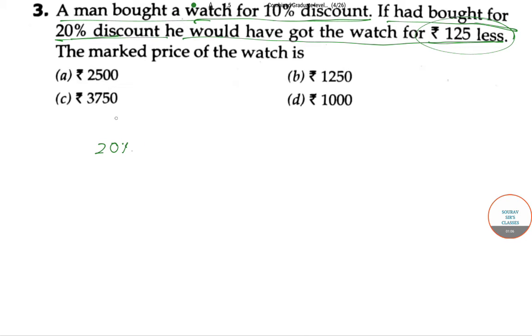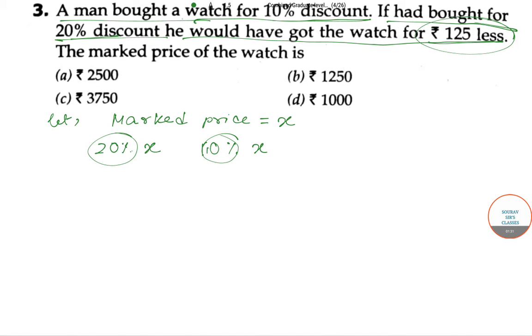Let me write it first. The marked price that we have to find out, let's suppose, is X. Now the 20% of X and the 10% of the marked price, that is X. Now if we subtract 10% from 20%, we have been told that it is 125 rupees less.